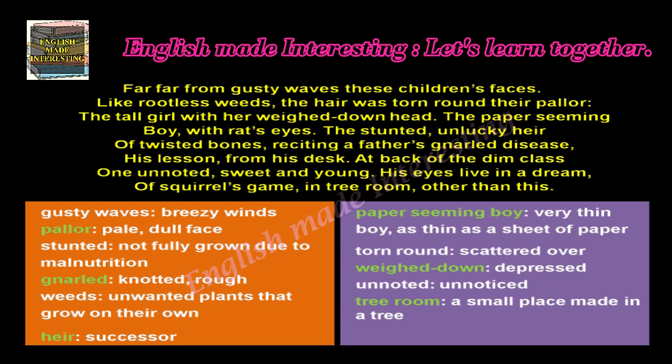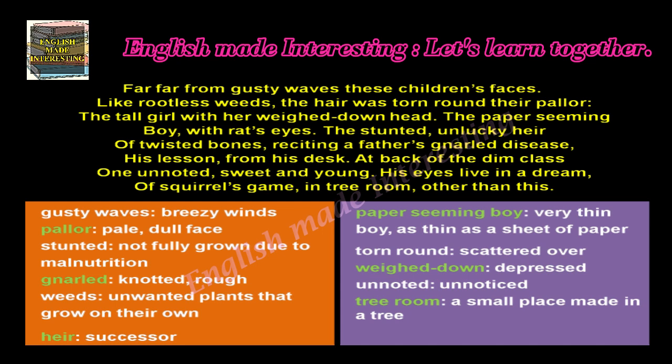Just like the girl who is burdened with the problems in her life, there is a boy sitting in the class who is as thin as paper, undoubtedly because of malnutrition. He has big eyes like those of a rat.